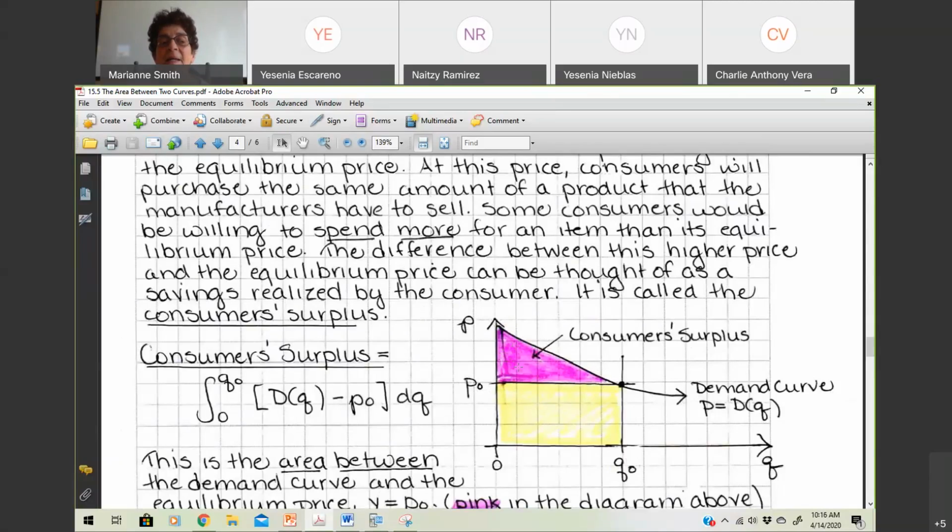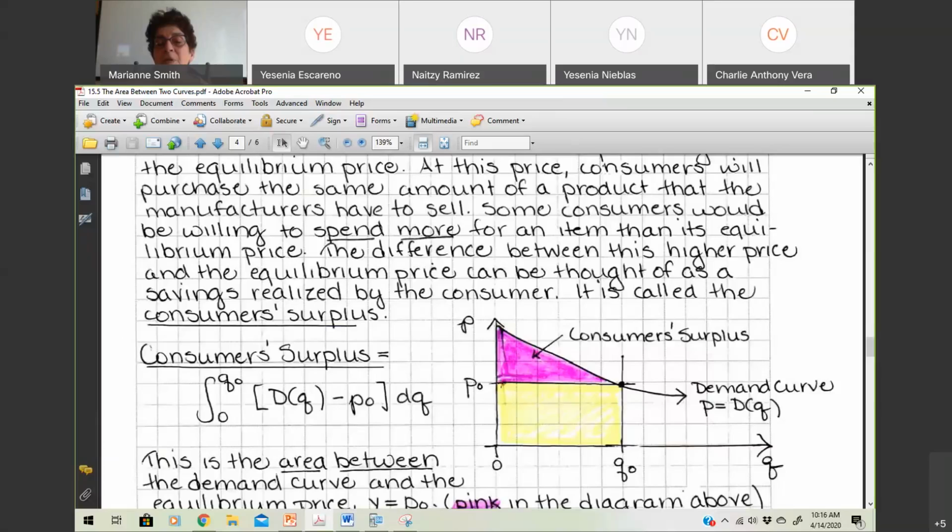area is actually the amount above the equilibrium price that consumers would be willing to pay for your product. Okay? So you can think of the difference between this higher price on the demand curve and the equilibrium price as a savings that the consumer realizes. It's called a consumer surplus.